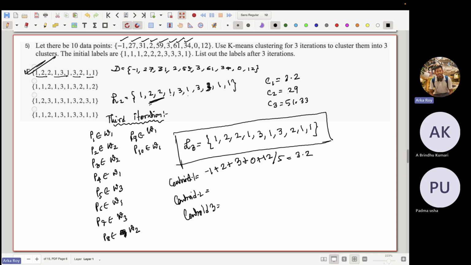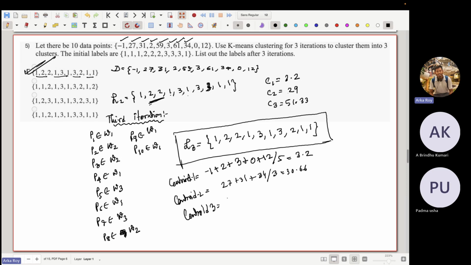So I can write it as 27 plus 31 plus 34 divided by 3. So that is equal to 30.66.